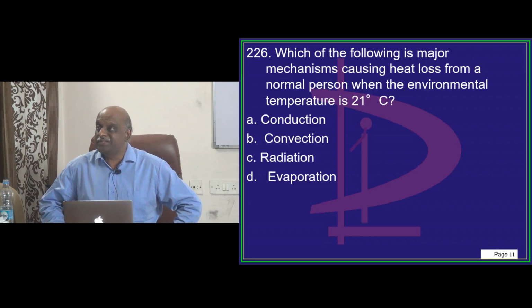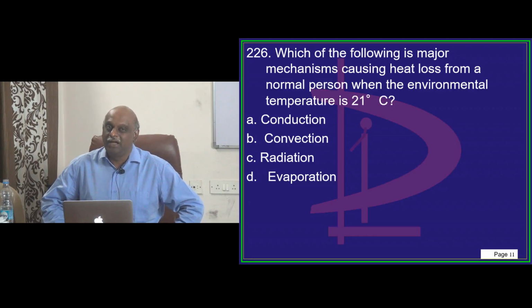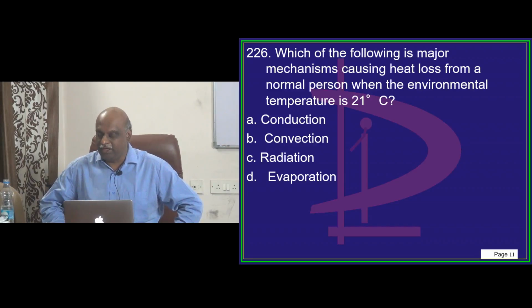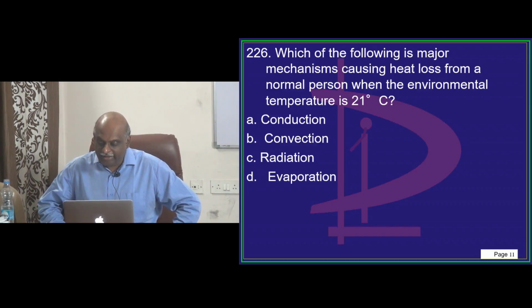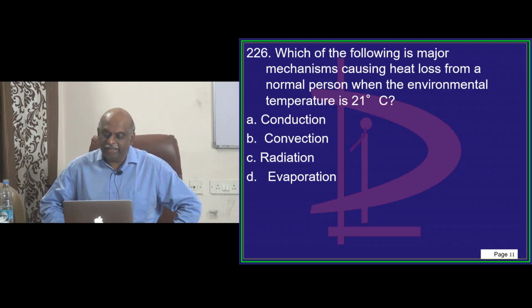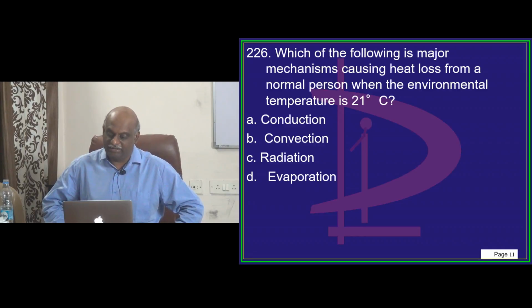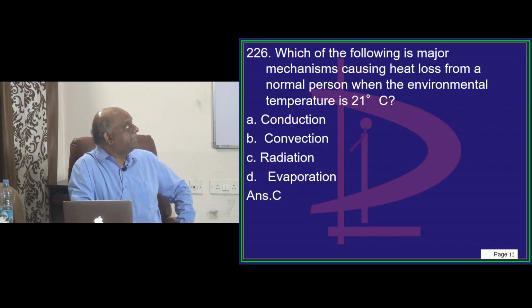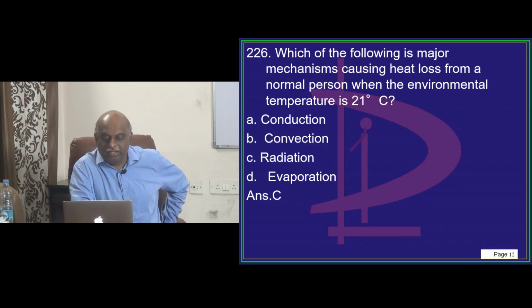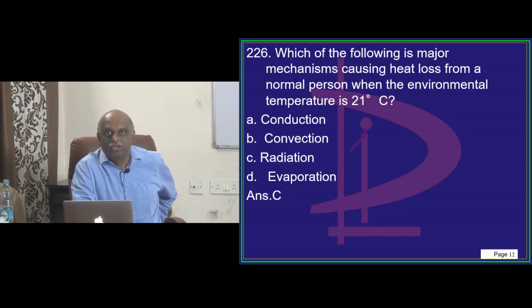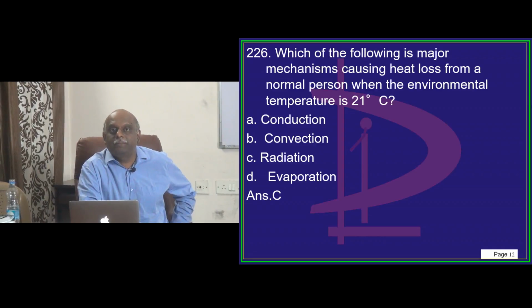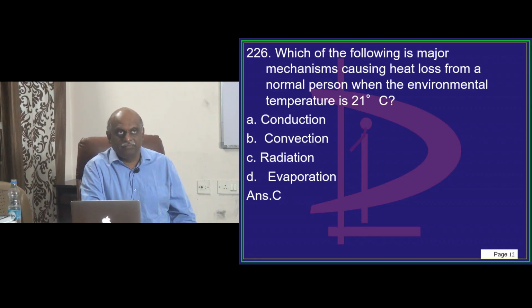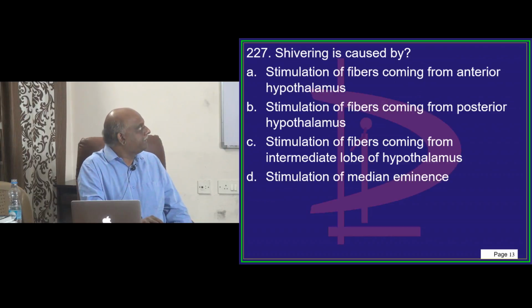Pregnancy, cirrhosis, sick euthyroid syndrome, all these things you have to be 100% sure. And Shalini is proposing convection. Sudha also is saying convection. Very good. But it is radiation, which you need to remember is the most effective mechanism causing the heat loss from a normal person, is what you need to remember.